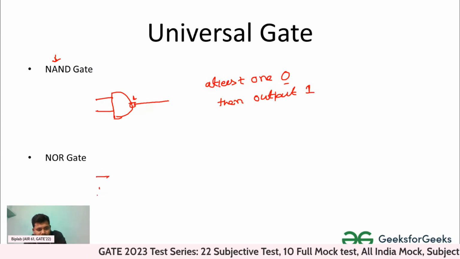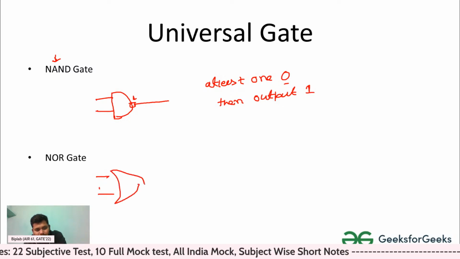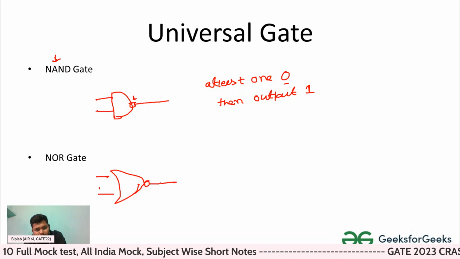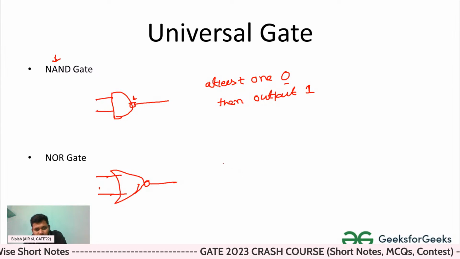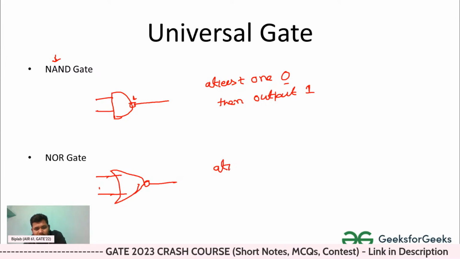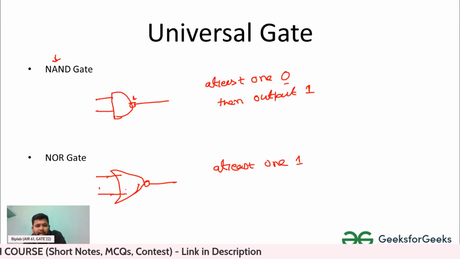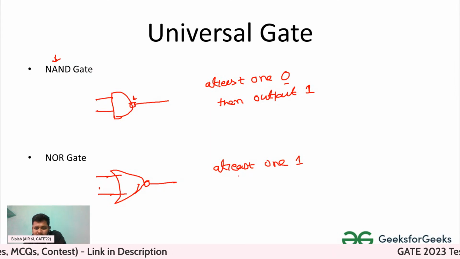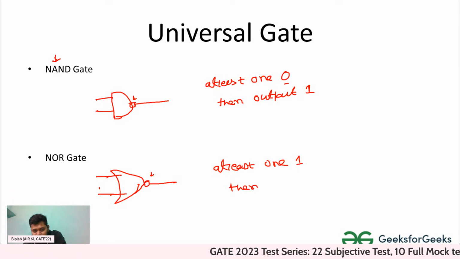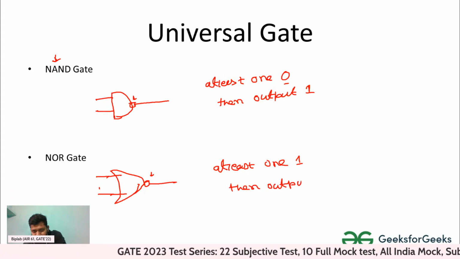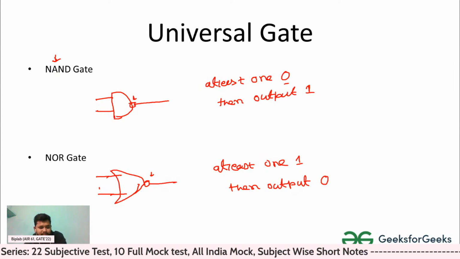Same way for the NOR gate. If there exists at least one 1, then the addition result, that means the OR result, will be 1, and the NOT gate will make the output 0. Fine.